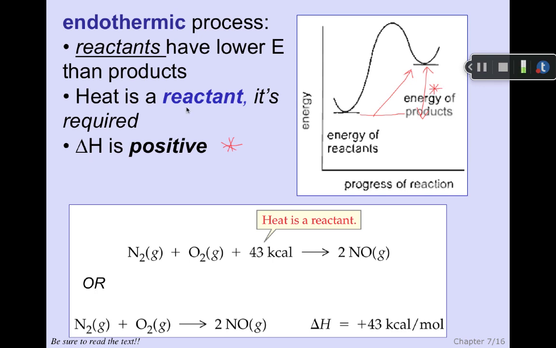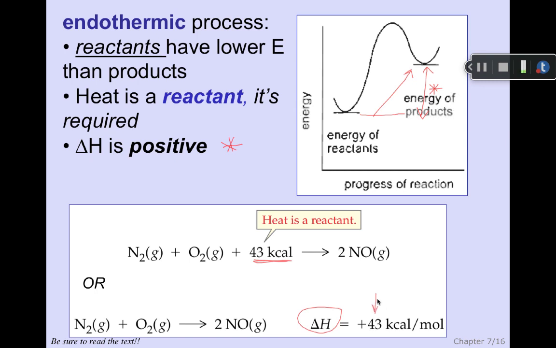So if heat is being gained overall, heat is a reactant in an endothermic process. And when that's the case, you can list the heat on the left side of the arrow as a specific number of kilocalories if you know what it is. Or the alternative is to list delta H separately from the reaction equation and specify the number of kilocalories.